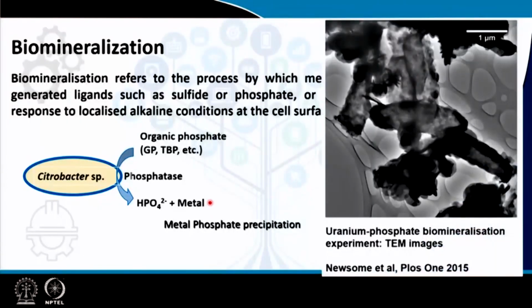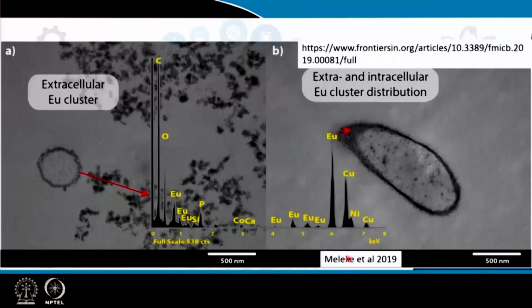For example, on the right side there is a picture of uranium phosphate biomineralization. You can see around the cells large amounts of uranium phosphate depositions, reported in a recent paper by Newsome et al.